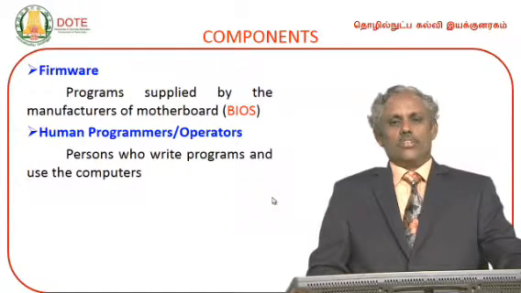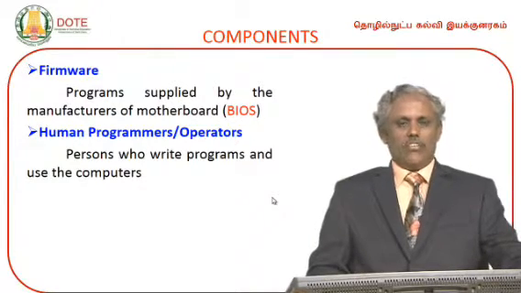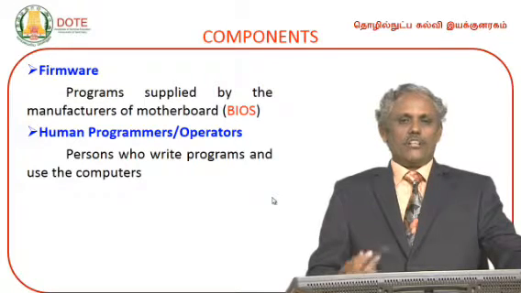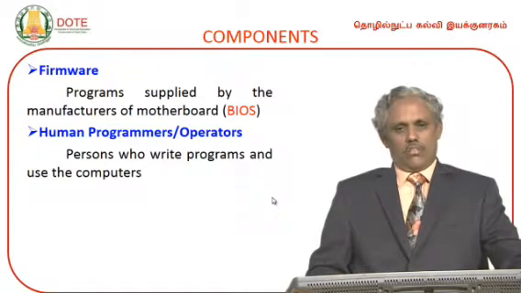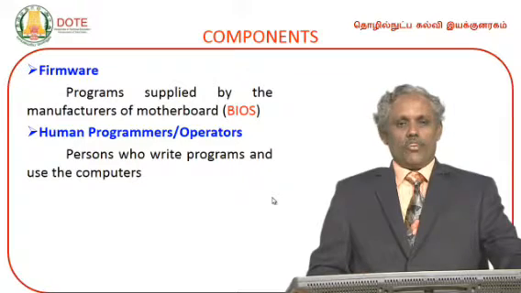These programs automatically execute even though other devices are not attached. When you switch on the computer, it will display a message like how much memory is there, whether the keyboard is connected or not, etc. So, this firmware is built into the computer motherboard. So, it is software within a hardware.